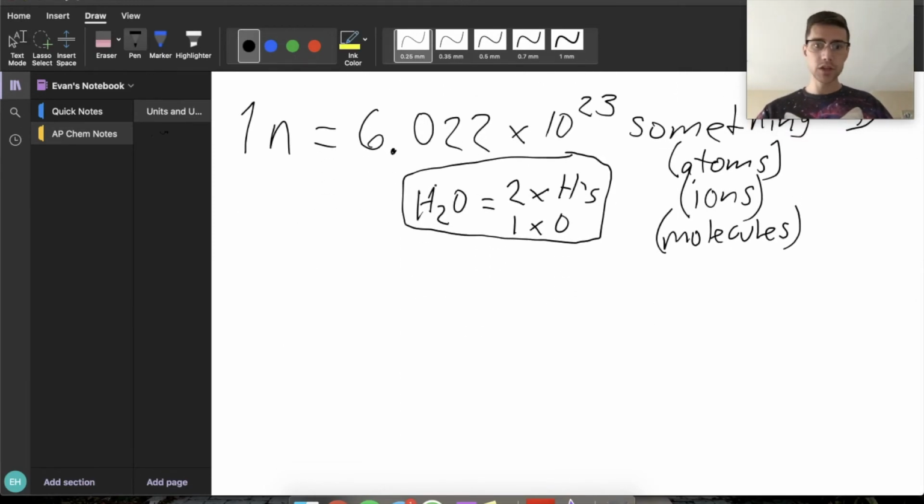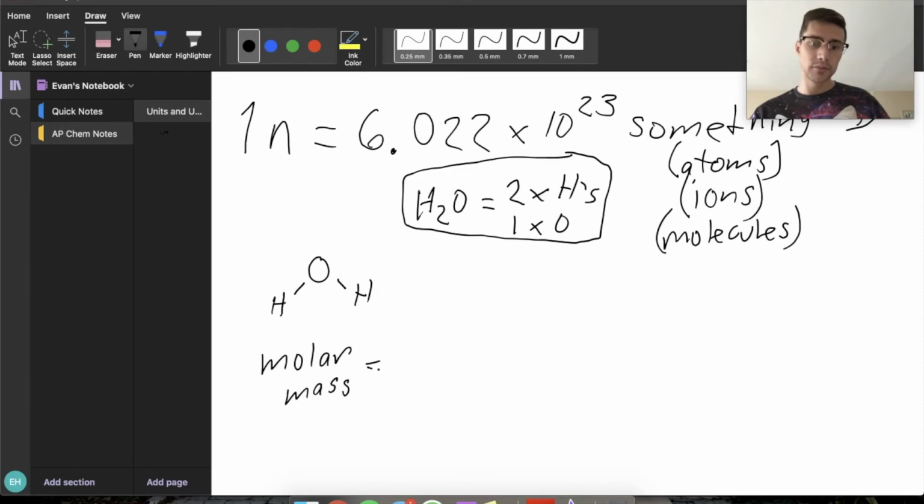So again, for example, water looks like this: an oxygen atom with a hydrogen atom on each side. We'll talk about the structure of atoms later. But if this is a water molecule and I wanted to figure out the molar mass of water, I would take the hydrogen mass plus the oxygen mass plus the hydrogen mass of the extra hydrogen.